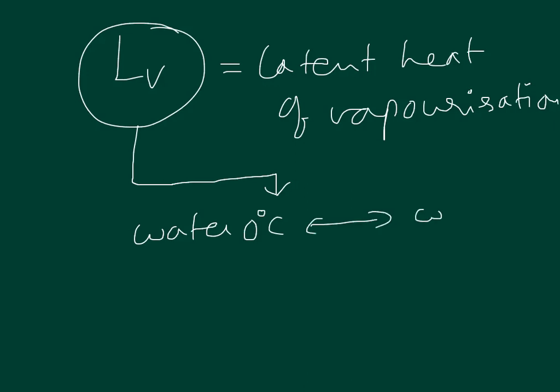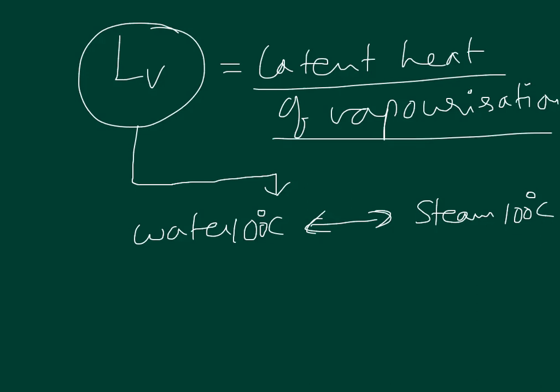Vaporization means water to steam: water at 100 degrees centigrade to steam at 100 degrees centigrade, or vice versa, either water at 100 to steam at 100 or steam at 100 to water at 100. If you are doing that conversion, then we call it latent heat of vaporization, LV.